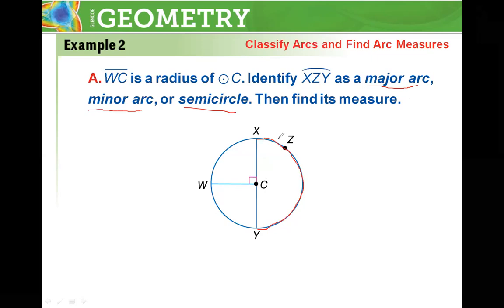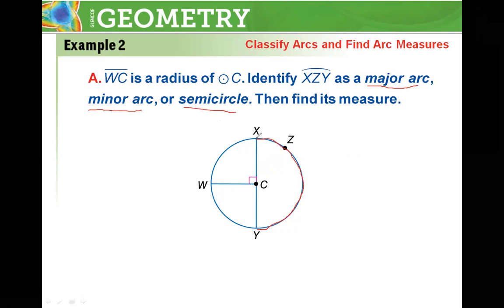This arc XZY is a major arc or a minor arc or a semicircle? Minor. It means it's smaller than half the circle. Yes? Pay attention with me.